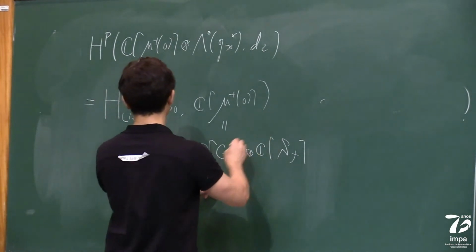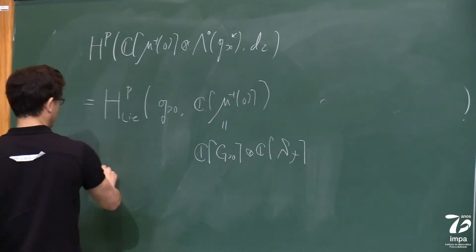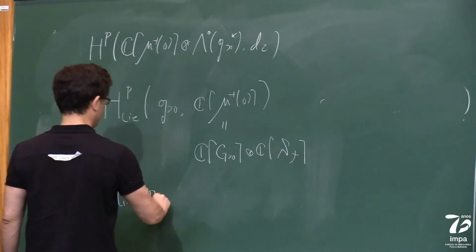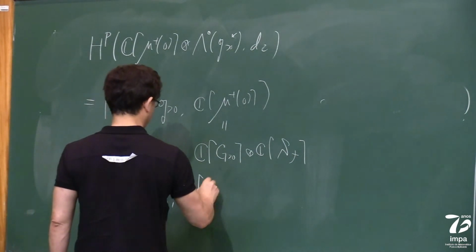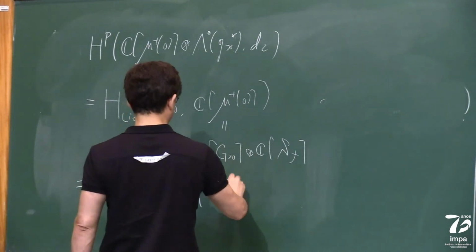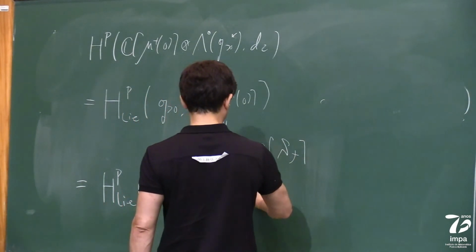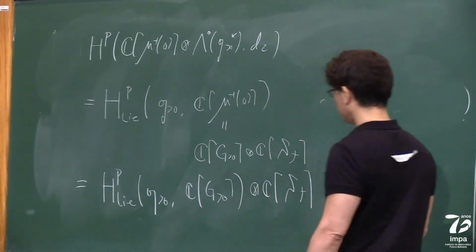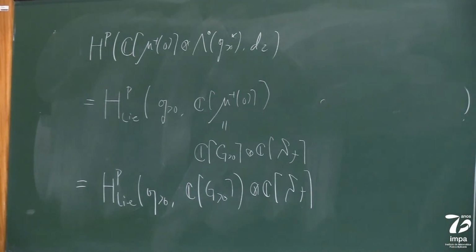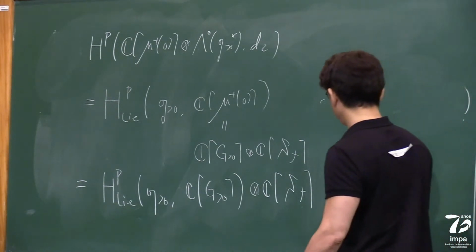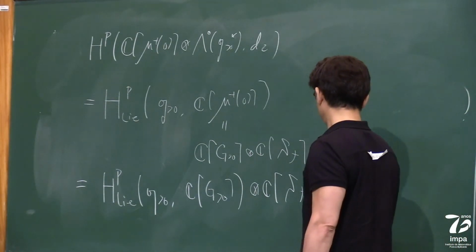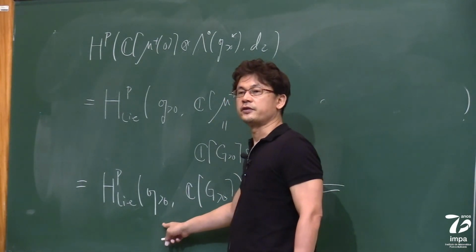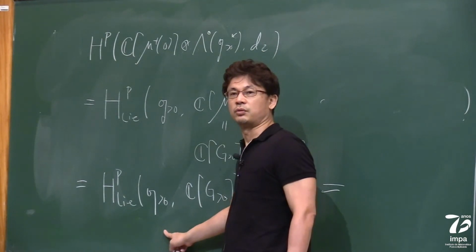So this is the same as H^p of Lie G positive with coefficient in the coordinate ring of the group. And because G positive is unipotent, it's known that this Lie algebra cohomology is the same as algebraic de Rham cohomology.